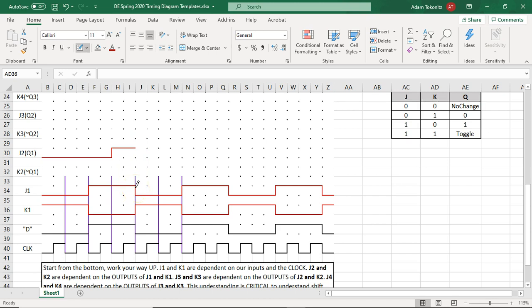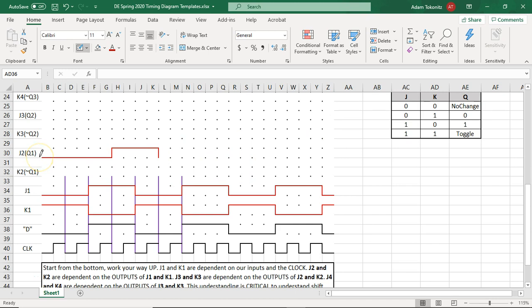It has to be. It's in the transition state again from 1 to 0, but it has not transitioned to 0 yet. It's about to. Because of that, J2, my Q1 output, remains 1. Now at this vertical purple line, J1 is 0, K1 is 1. Q becomes 0.